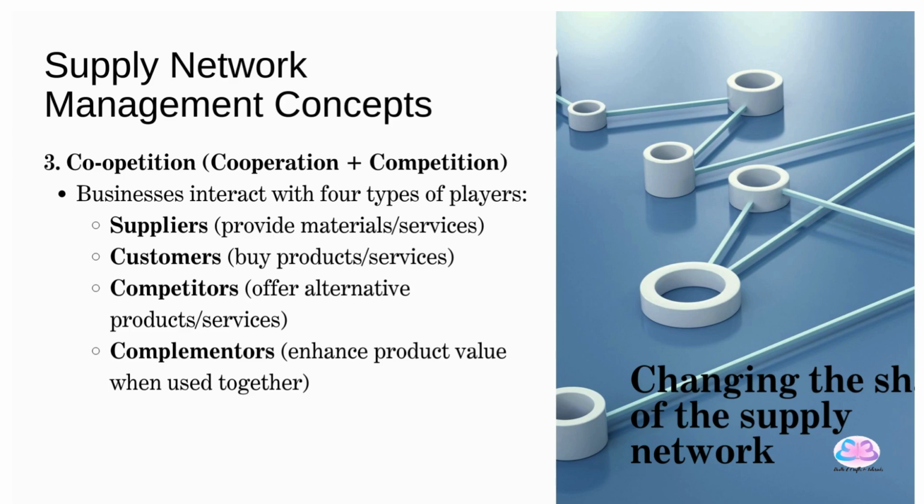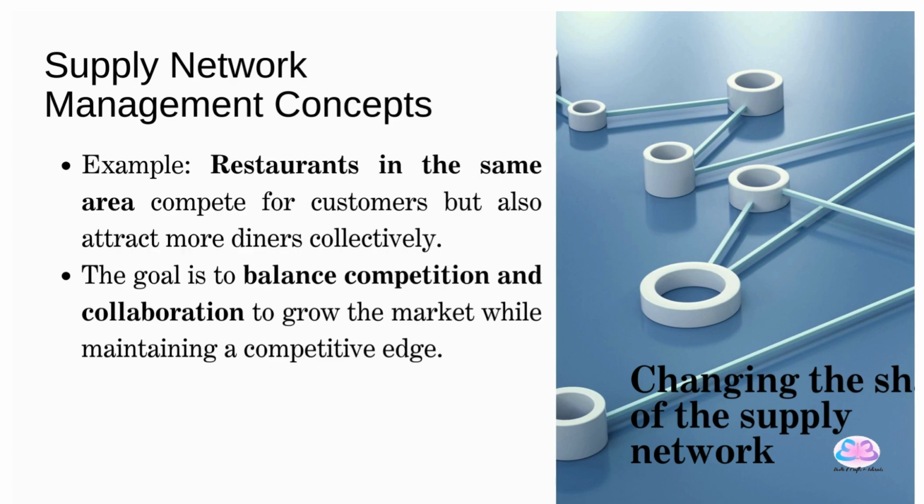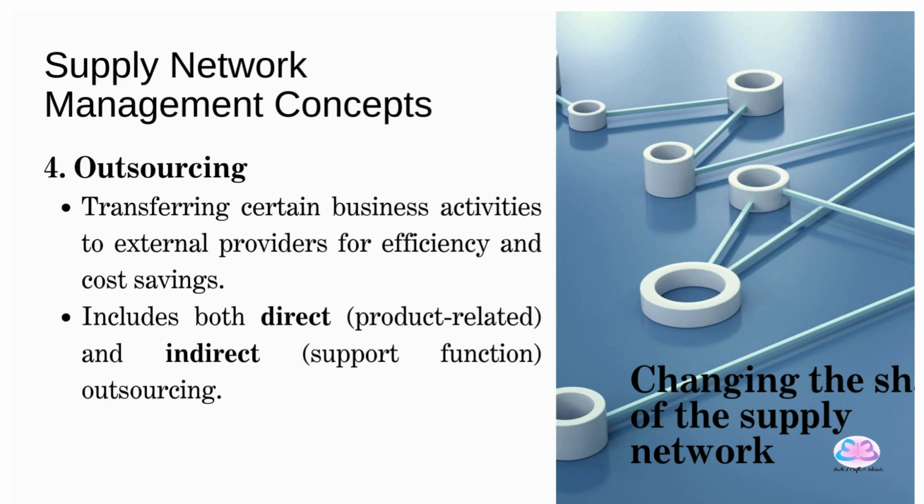Coopetition helps businesses leverage both partnerships and rivalry to create value in the supply network. Now, for example, restaurants in the same area compete for customers but also attract more diners collectively. The goal is to balance competition and collaboration to grow the market while maintaining a competitive edge.